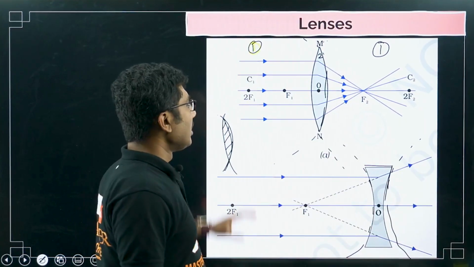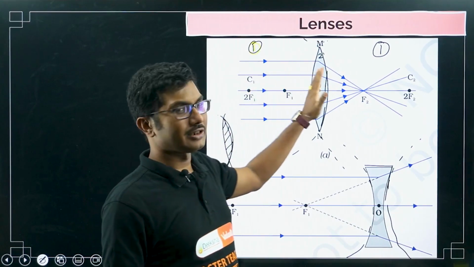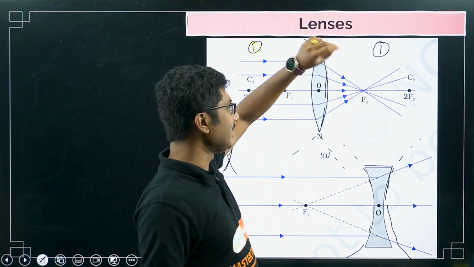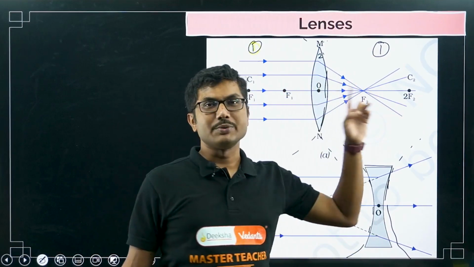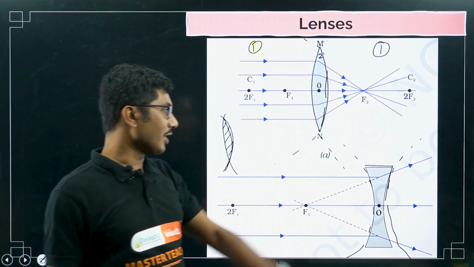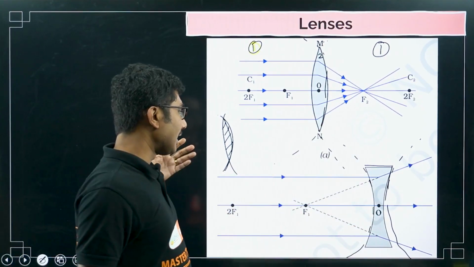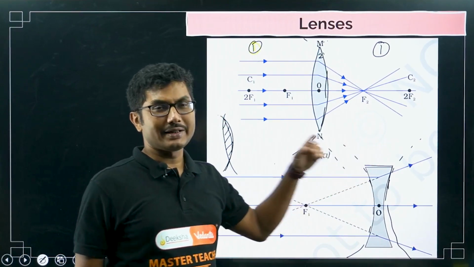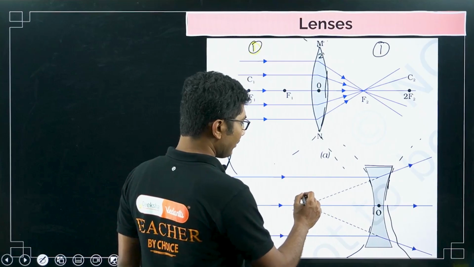Now in case of a convex lens, parallel rays after falling on the lens will actually meet at a point. That point is called the principal focus. Similarly, for a concave lens, the light rays after refracting will appear to come from a point.